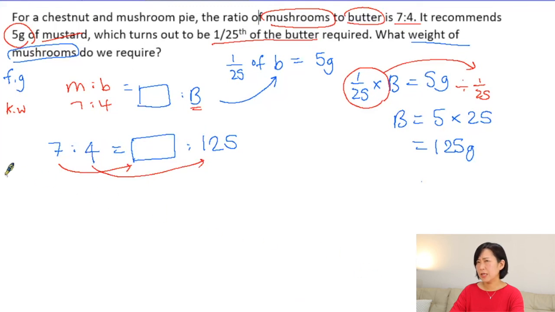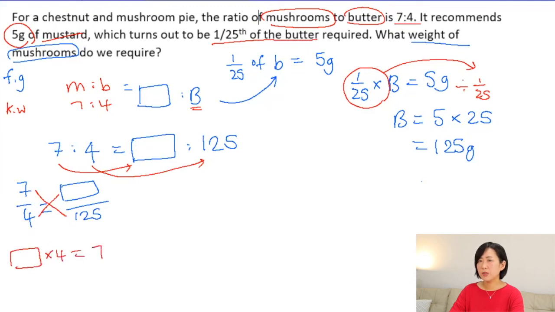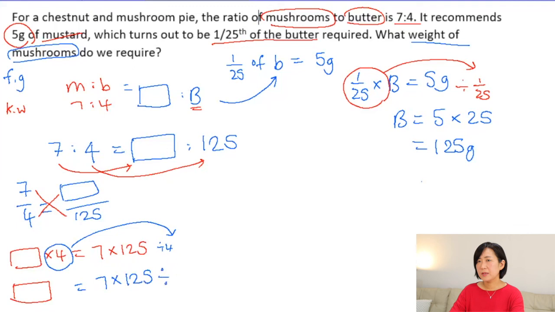Oh, it's quite tricky. I'm going to use fractions to solve this. So 7/4 equals the missing number over 125. So cross multiply: missing value times 4 equals 7 times 125. Then our missing value equals, now I'm going to divide by 4, 7 times 125 divided by 4.